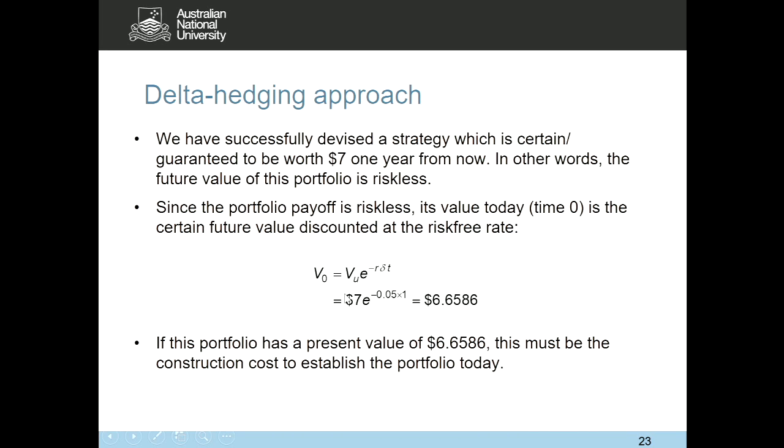Our portfolio would always end up with $7, and we can use the risk-free rate because it's riskless. It would always have $7 irrespective of the market movement. We discount back 1 year using the risk-free rate, 5%, and we get the present value of this portfolio is $6.65. Does it make sense?